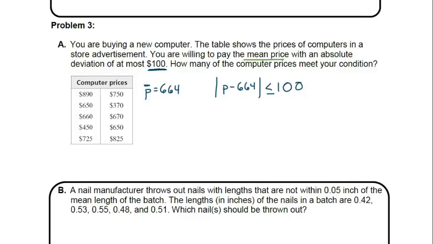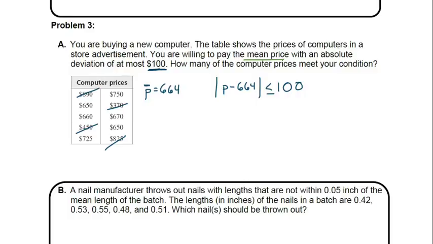Now, it's not asking you for an equation, but what it is asking you for is how many of these items right here are within $100 of 664. Well, that one's out. 664 minus 100. Nope, that one's out. 750, that's barely in. 3 out, out, out, out. So, 2, 4, 6.